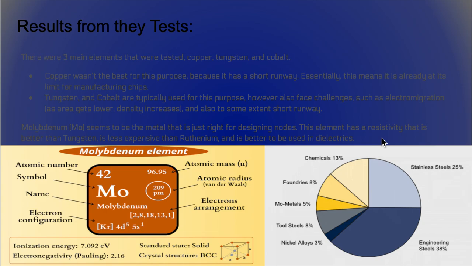It is less expensive than ruthenium, and it is better when it comes to dealing with the electrics, which is important when designing nodes. Ruthenium isn't as good with the electrics as molybdenum. So molybdenum might even be perhaps a better element to use.